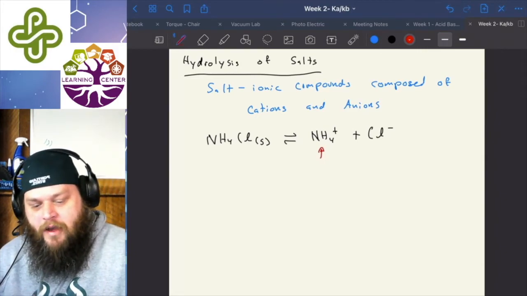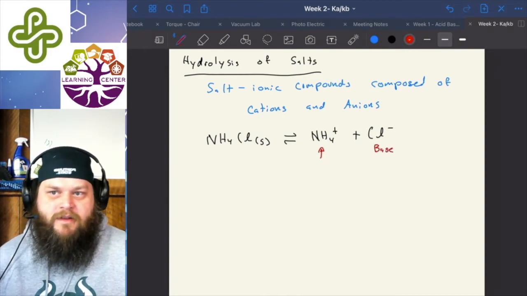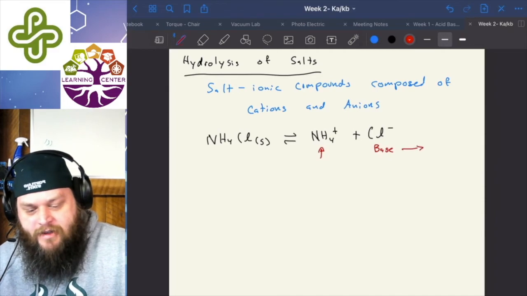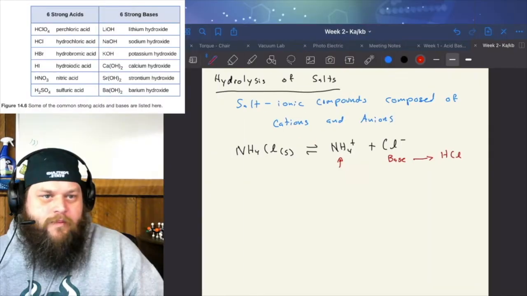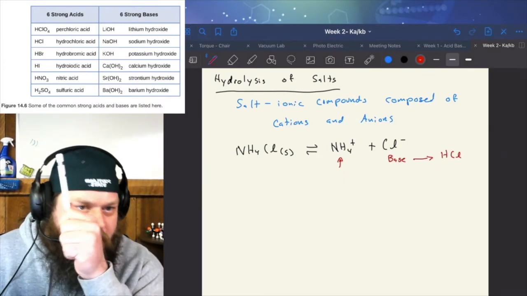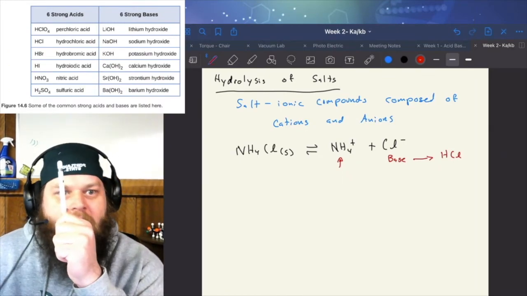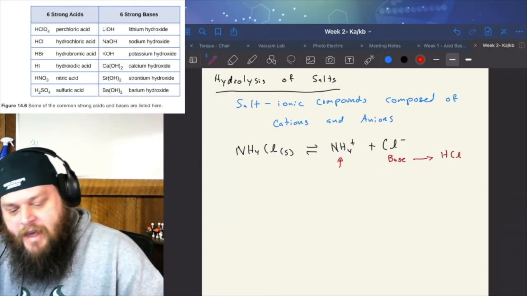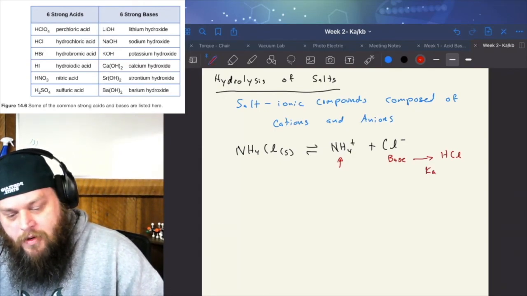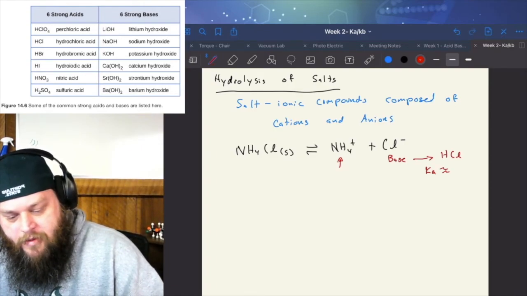The chloride, on the other hand, can act as a base, but it's an incredibly weak base. In fact, the conjugate acid of this base is HCl, one of our strong acids, hydrochloric acid, which means it's going to completely dissociate in water. So the Ka of this is going to be approximately infinity, where the Kb is going to be about 0.